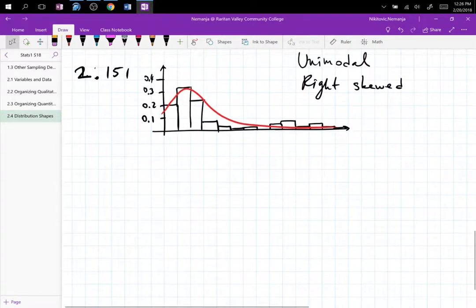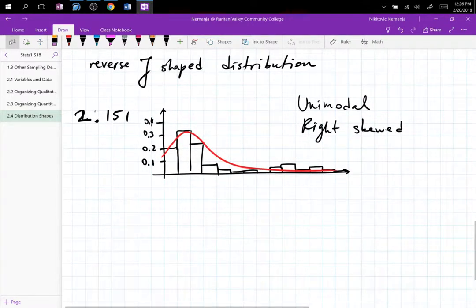Reverse J-shape, and then an example where you simply draw the line through and then see what classifications it matches that we talked about earlier. So that is our introduction, and now population and sample distributions.